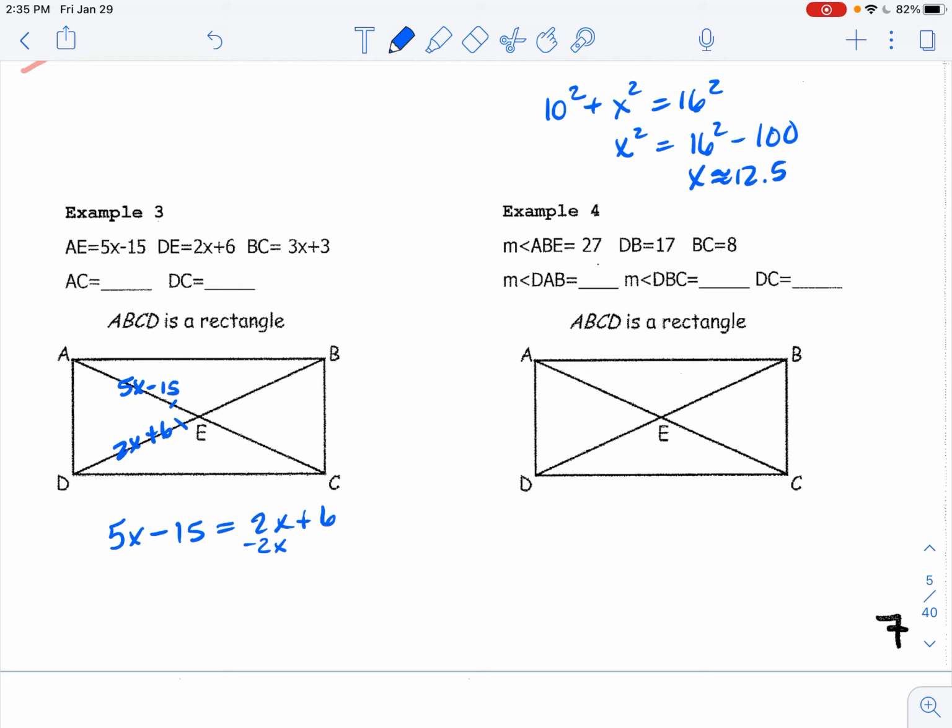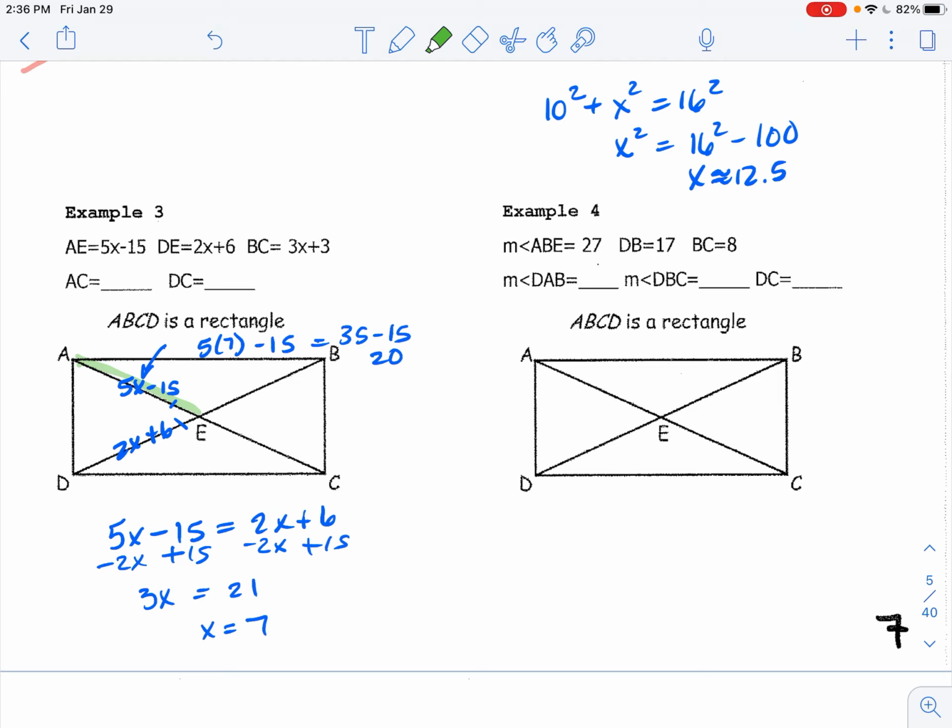If I subtract 2x on both sides and add 15 to both sides, I have 3x is equal to 21. Dividing gives me 7. So if I want to find out what AC is, let's plug 7 in for the x. So 5 times 7 minus 15. Well, that's 35 minus 15, which is 20. So this piece is 20.